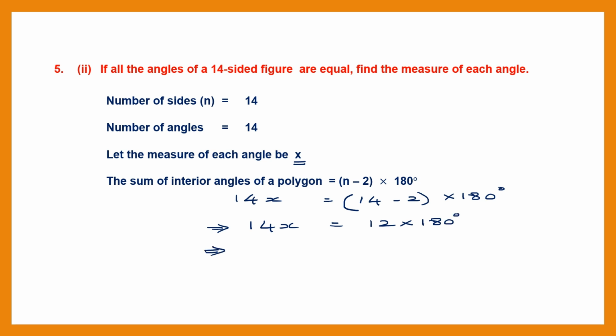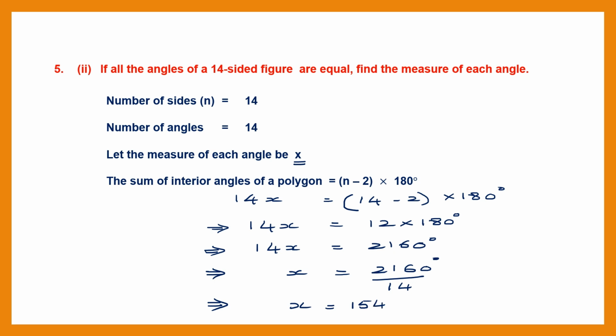Now 14x is equal to how much? 12 into 180 is 2160 degrees. Now we can find the value of x alone. This will be 2160 degrees divided by 14. Now when you do long division and see, you will find that x is equal to 154 2 by 7, this is a mixed number, degrees.